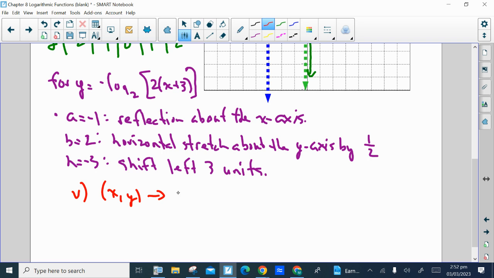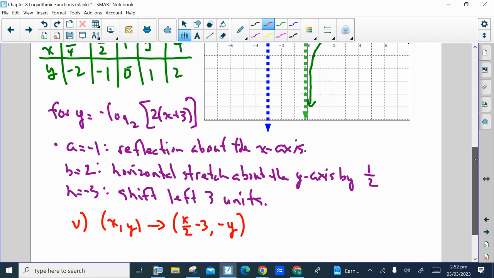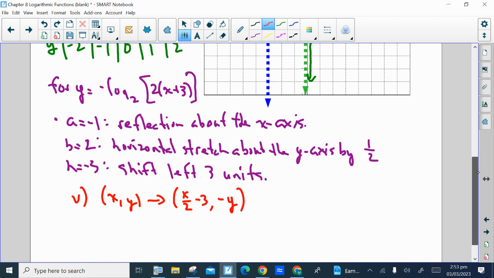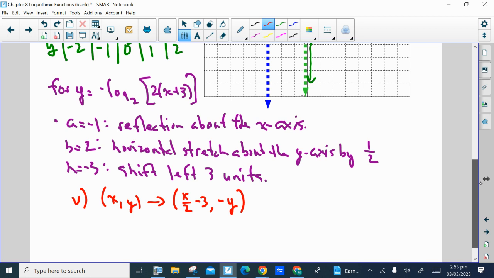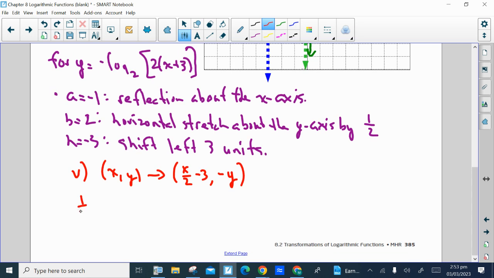You're going to multiply all the x's by 1/2 or divide them by 2, and then you're going to subtract 3. The y values are just multiplied by negative 1. So I don't have to use all the points that I have here. I can start with the point 1/2 comma negative 1.